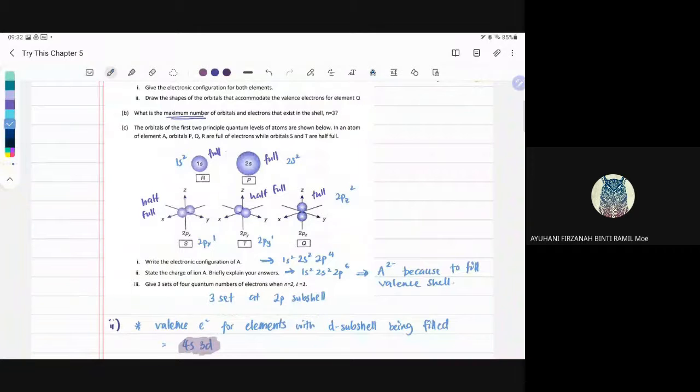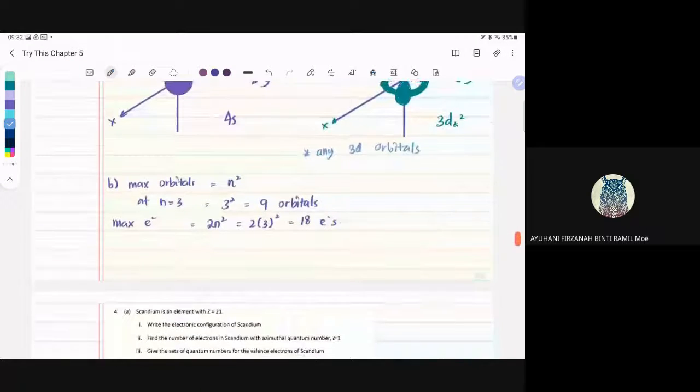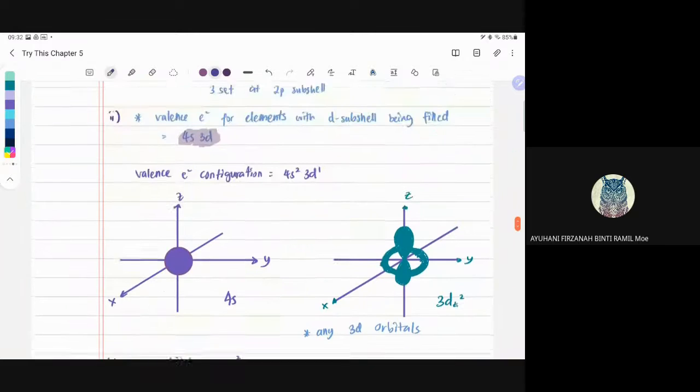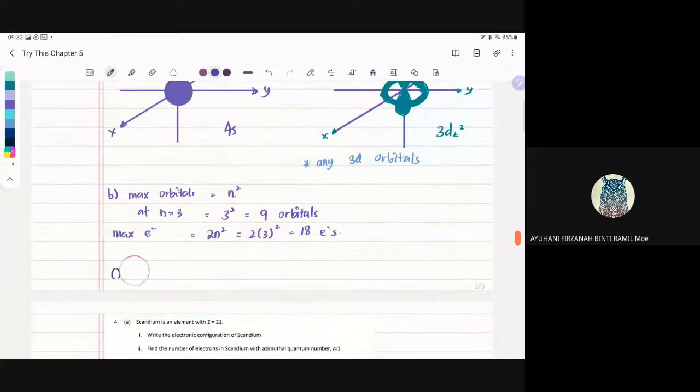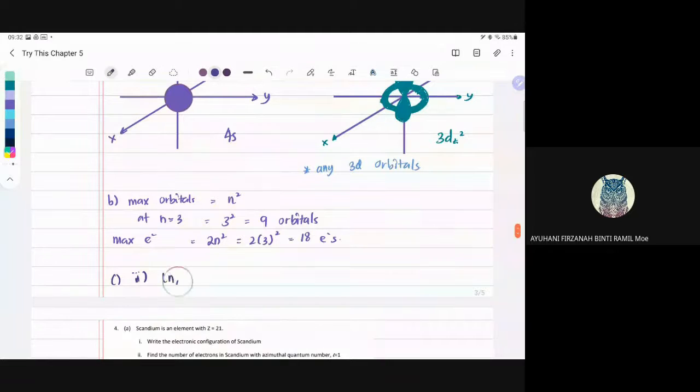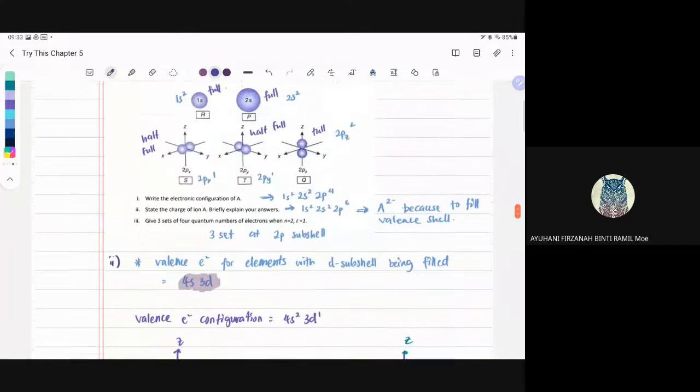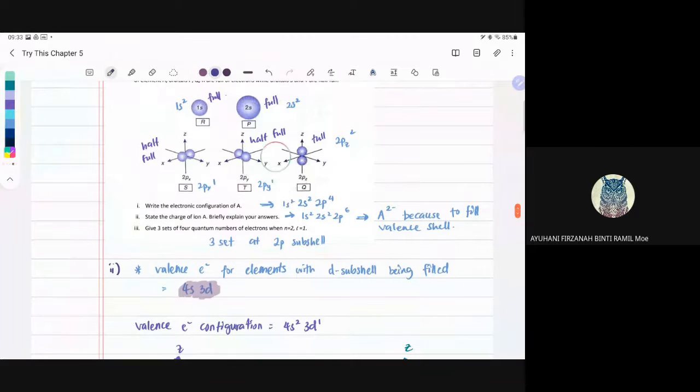Jadi, kamu boleh bagi untuk soalan nombor 3 ni, soalan C3, okay, N, L, M, S, N sama dengan 2, L sama dengan 1. Kita boleh bagi mana-mana orbital kita nak lah. So dekat sini ada 1, sini ada 1, sini ada 2. Jadi saya nak pilih 2 set yang daripada sini dan 1 daripada 2py lah.